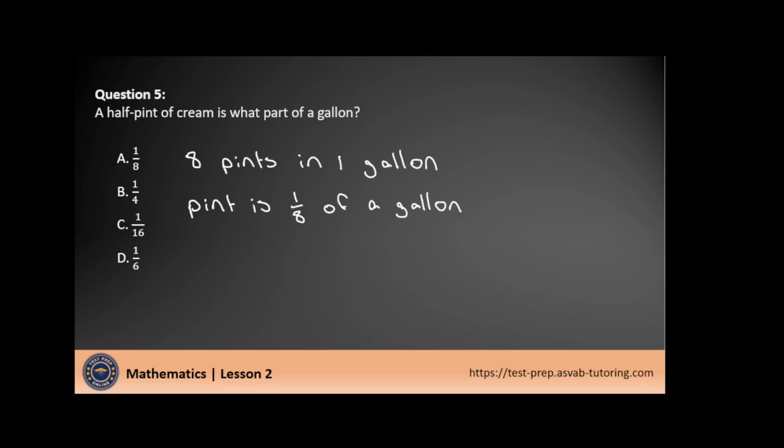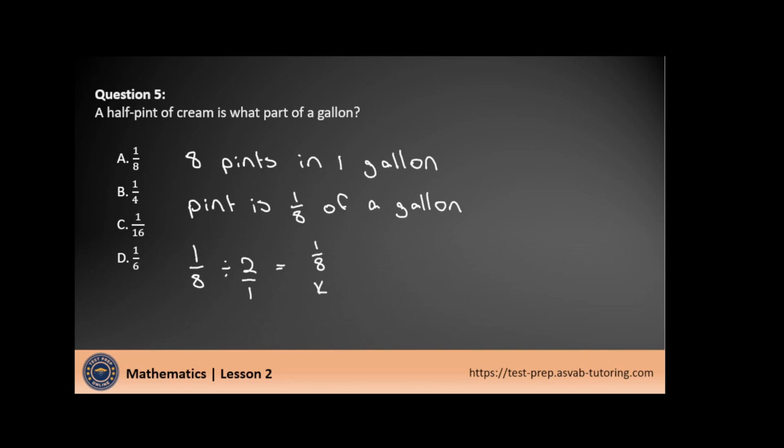If we want a half of a pint, we need to divide that 1/8 by 2. Remember, if we're dividing fractions, and 2 is really a fraction, if we put it over 1, we keep the first fraction, so 1/8.